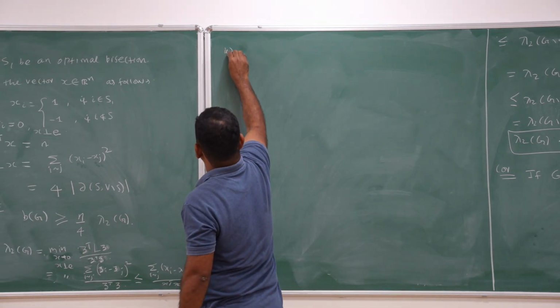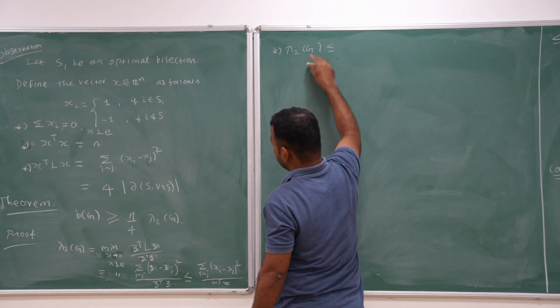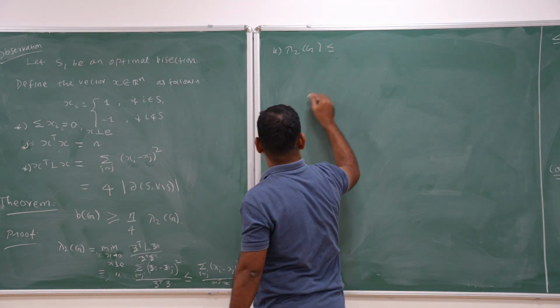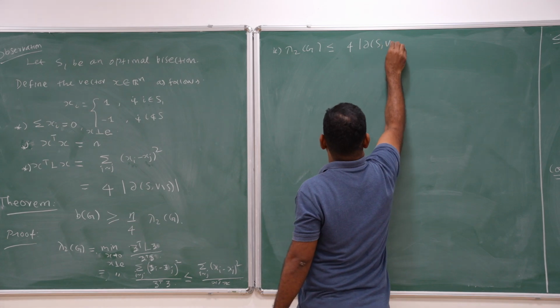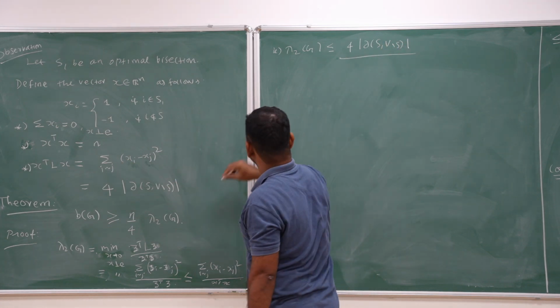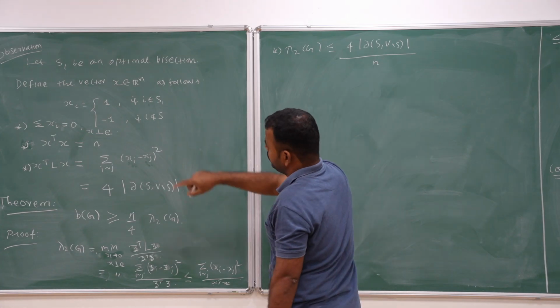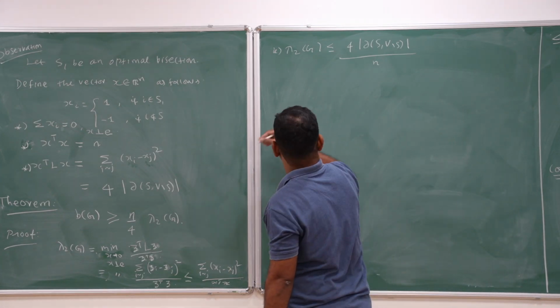That is, lambda 2 of G is less than or equal to, the numerator is 4 into the cut, and X transpose X is n. I have taken it to be S1.